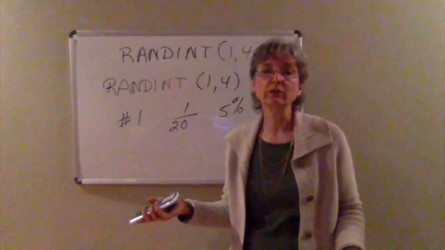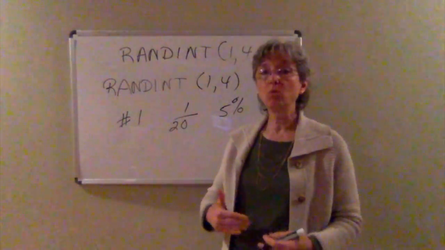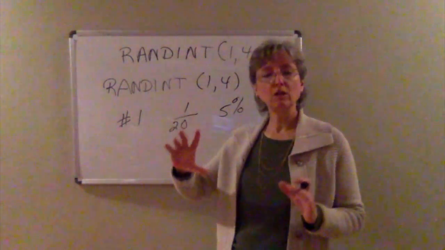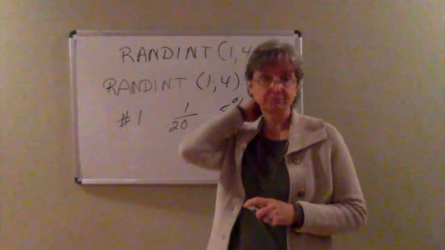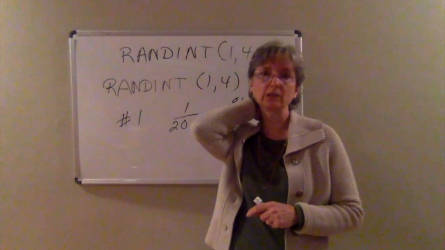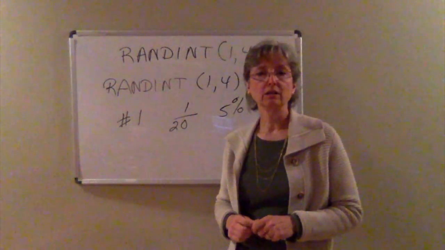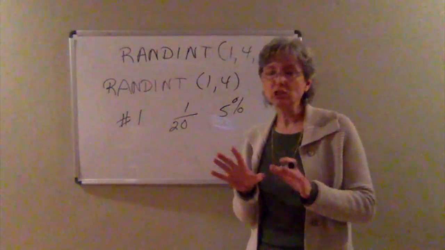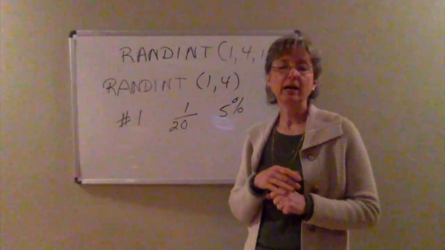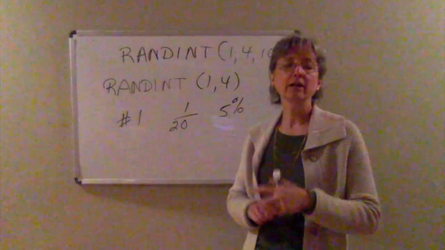These are randomly generated. I will tell you that the more you do it, the closer you'll get to the actual theoretical probability. But you have to run a lot of tests to get close to the theoretical probability.